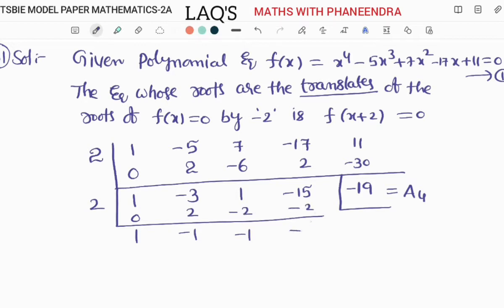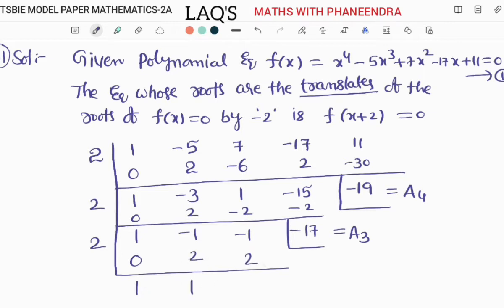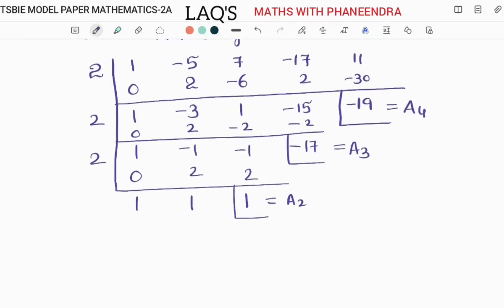So minus 17. This is equal to A3. Like this till A0 we will do that. Again by synthetic division, 0 here, 1 plus 0, 1, 2, 2 minus 1 is 1, 1 into 2 is 2, 2 minus 1 is again plus 1. So this value is A2.